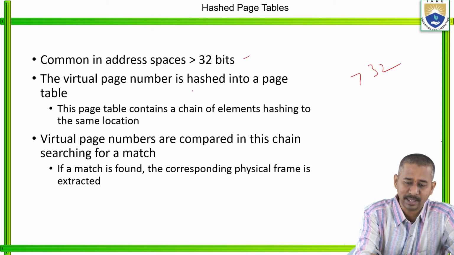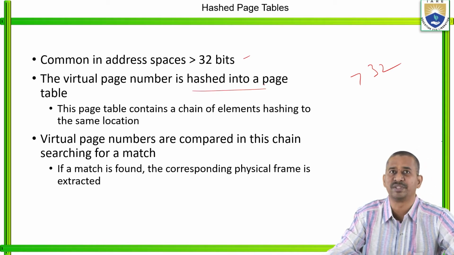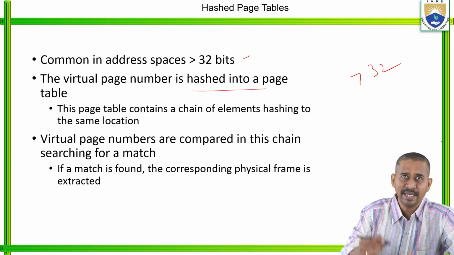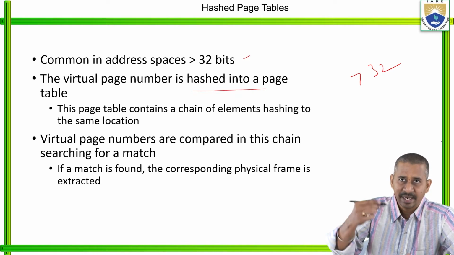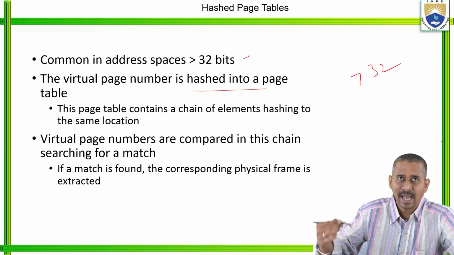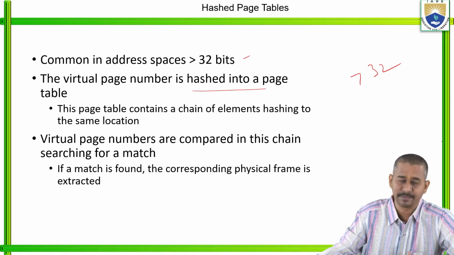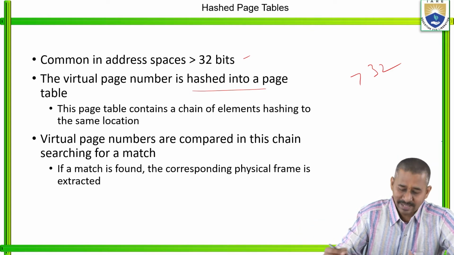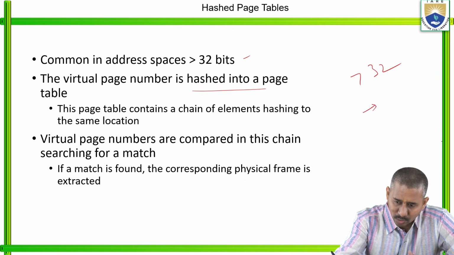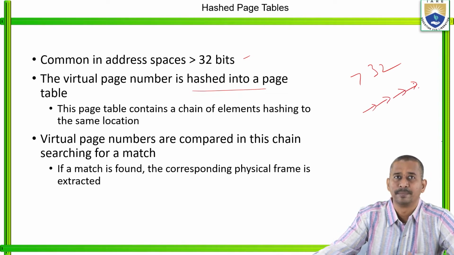The virtual page number is hashed into a page table. Any page table contains a chain of elements hashing to the same location. So there is a chain of elements that are hashed to the same location.